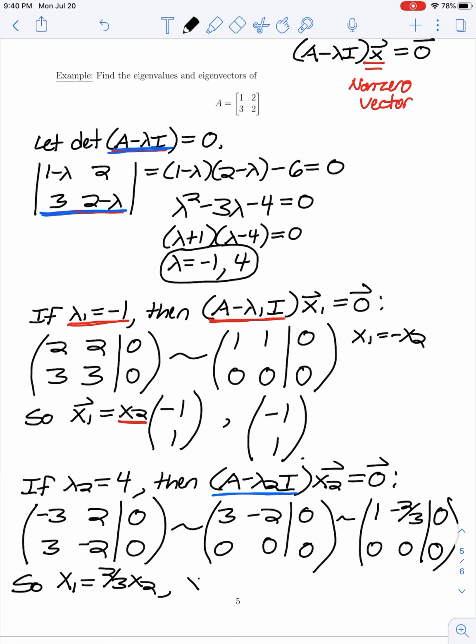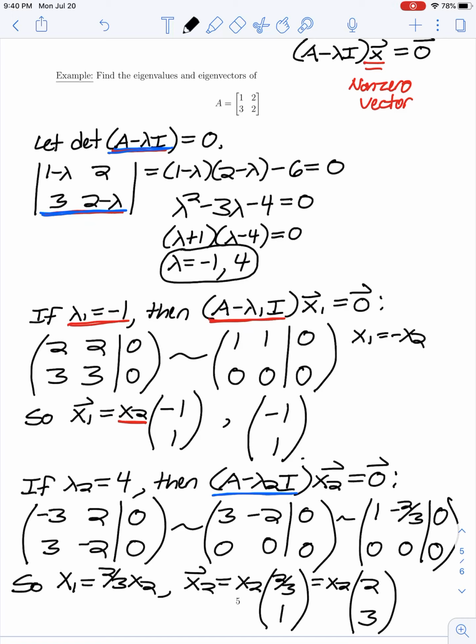So for our second eigenvector, let's call it x2, we could take any vector of the form x2 times (2/3, 1), or equivalently, x2 times the vector (2, 3).